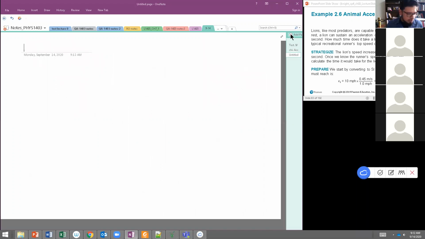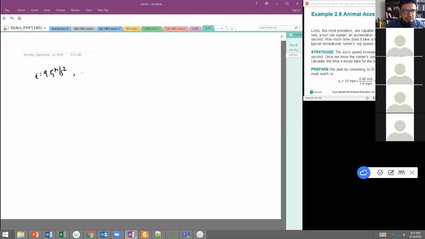So this next problem is going to ask us to use acceleration. In this problem, it says lions, like most predators, are capable of very rapid starts. From rest, a lion can sustain an acceleration of 9.5 meters per second squared for up to 1 second.